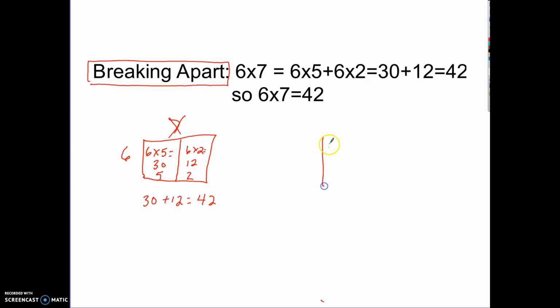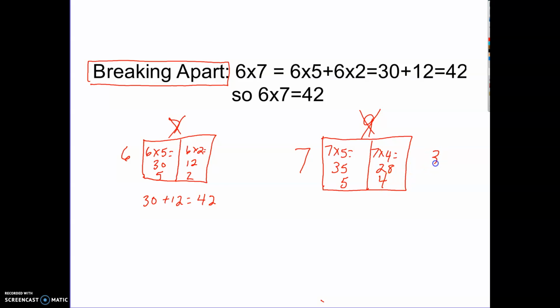Let's do another, since this one's kind of new. I want to figure out 7 times 9. 7 and 9. I'm going to break apart the 9, and I'm going to use 5 and 4. I'm going to cross off that 9 because I'm done with it. Number model: 7 times 5 equals 35. 7 times 4 equals 28.